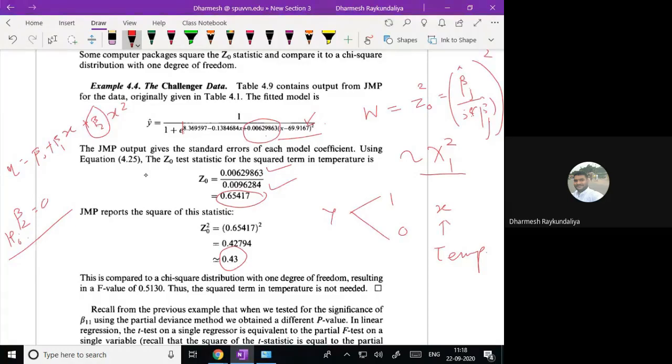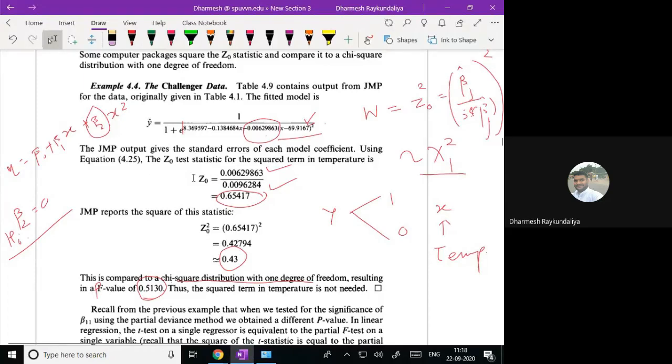So 0.43 is the calculated chi-square that should be compared with the chi-square with 1 degree of freedom, and the resulting value is 0.5130. Okay, the p-value, not the f value, is 0.5130.